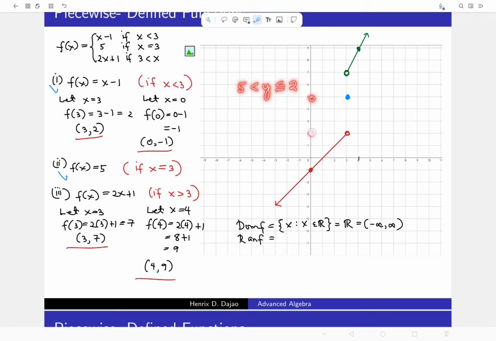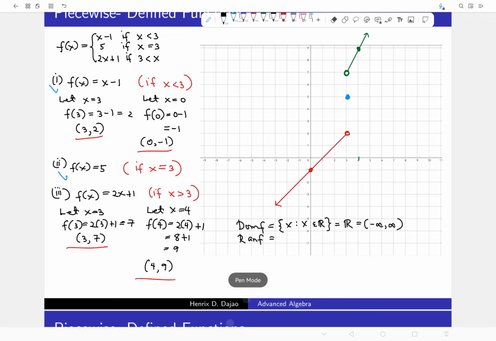As you can see, it includes this one. So all those sets here are not included in our range. So again, we have 3 sets that we're going to combine, so you use the union as our operation.